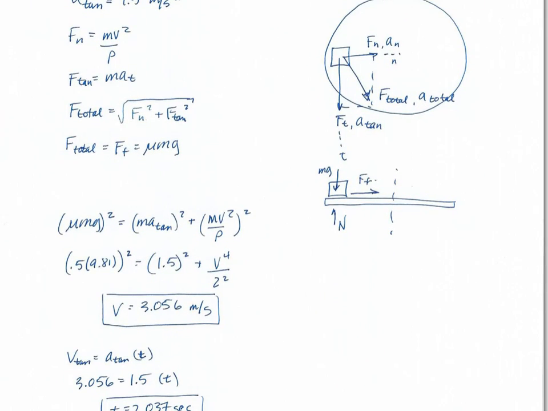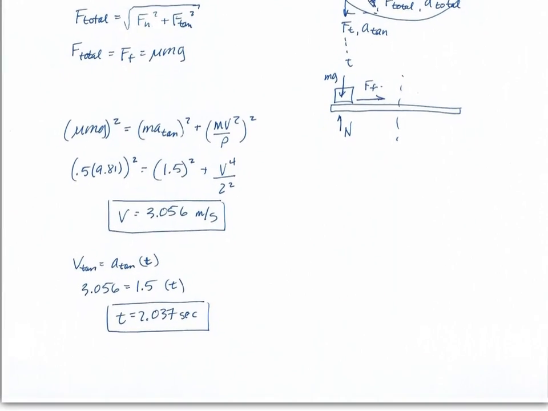So I'm just going to put numbers into this equation right here, and we're going to call that force total is mu mg squared, m a tan, plus mv squared over rho, the quantity squared, and you can find the velocity is 3.056. The tangential acceleration is what's needed to find out the velocity.